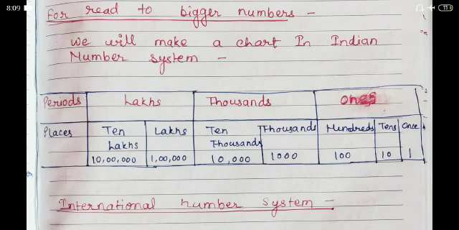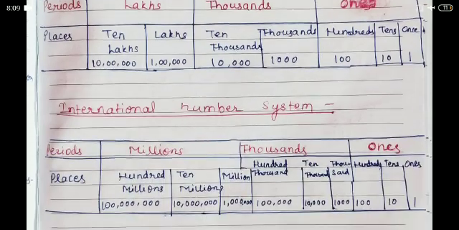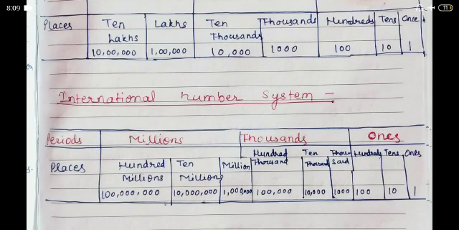In the international number system, periods are divided into ones, thousands, millions, and so on. The ones period consists of ones, tens, hundreds. Thousands consists of thousands, 10,000, 100,000. Millions consists of millions, 10 millions, and 100 millions.